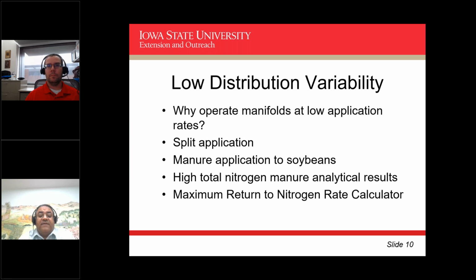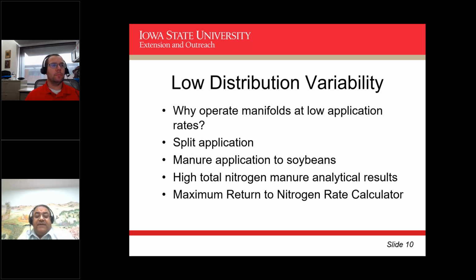The third one is that some of our manures are starting to test really high. Some of our finishing swine manures may be getting into real high numbers on total nitrogen for every 1,000 gallons or total nitrogen for every 1,000 liters.